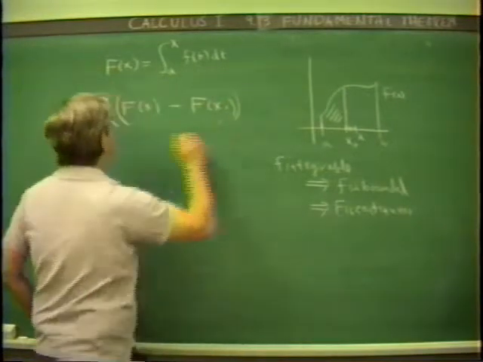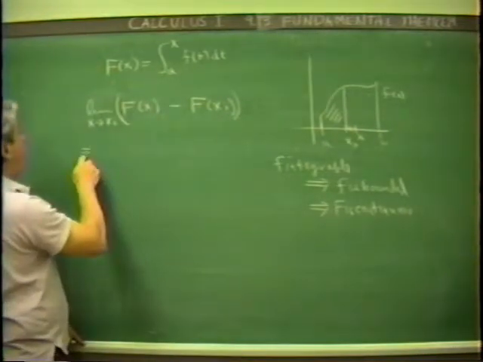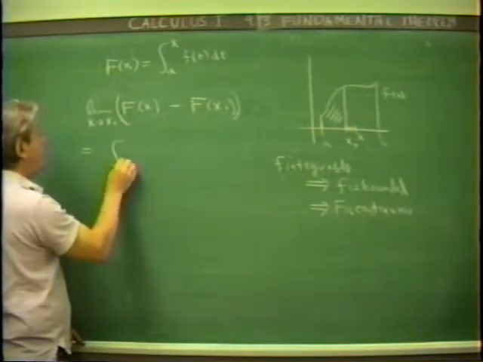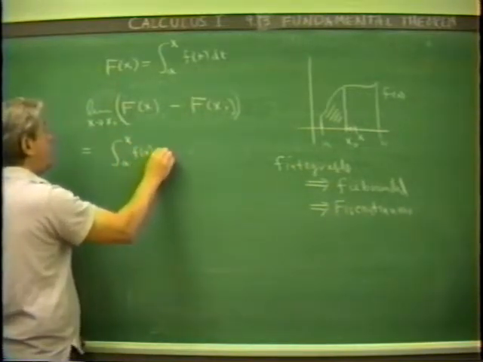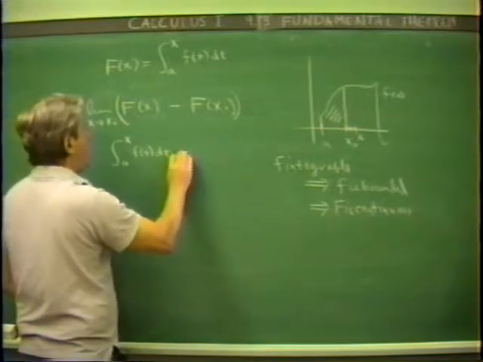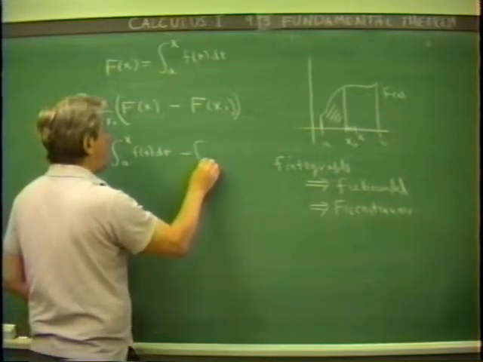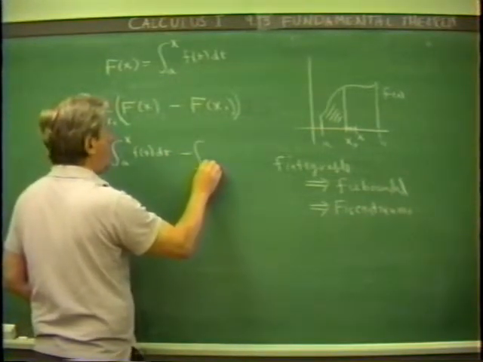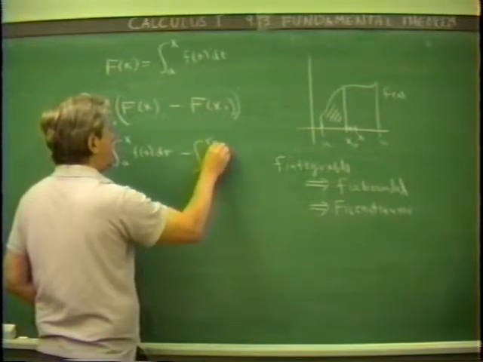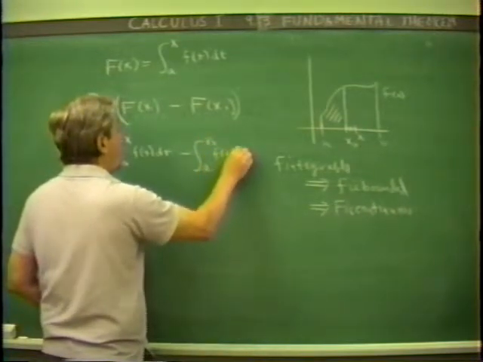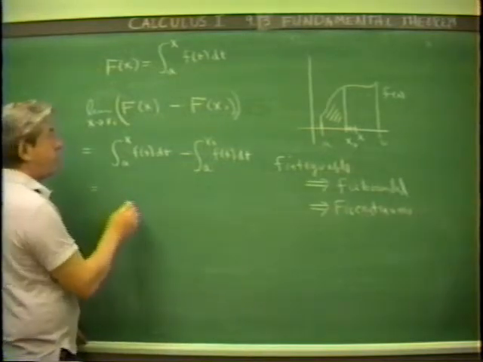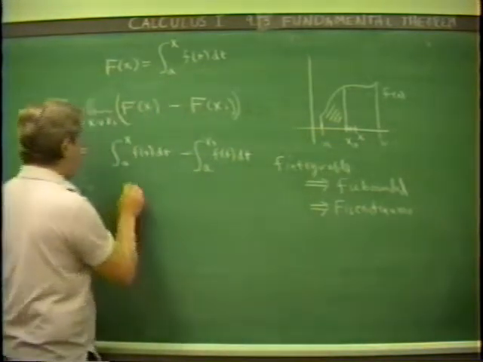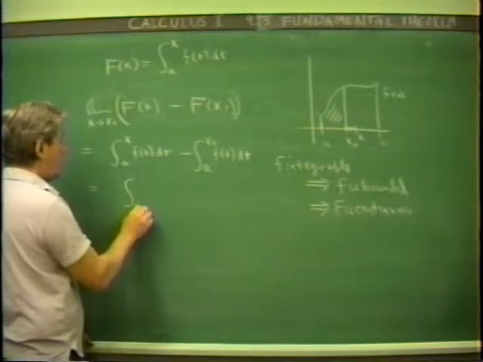All right? This limit right here, to show it's equal to 0, we're going to compute what it is. This is the integral from a to x of f of t dt minus the integral from a to x naught of f of t dt.